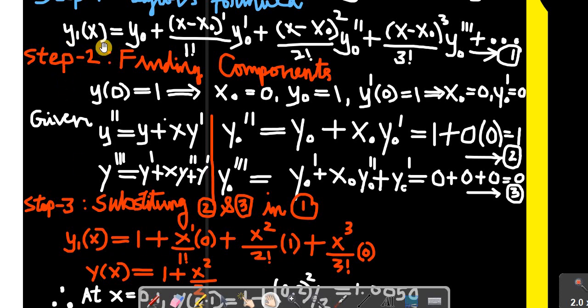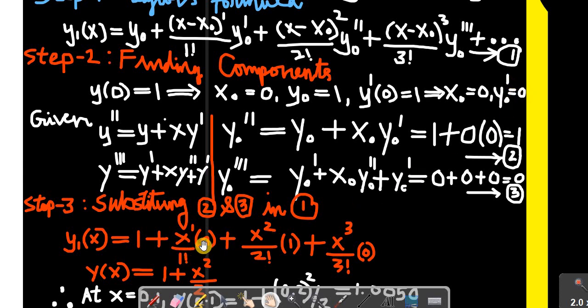y1 of x equals y naught. Y naught value is 1, that we have, plus here x naught is equal to 0, here also x naught is equal to 0, here also x naught is equal to 0. So x power 1 divided by 1 factorial, y naught to the power 1 is 0. Therefore we have x power 1 divided by 1 factorial into 0, because y naught of first derivative equals 0.